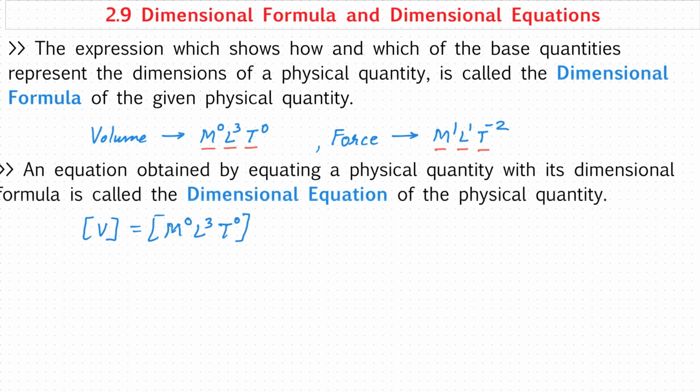The same way, the dimensional equation of velocity can be represented by [v] = [M0 L1 T minus 1]. See, velocity is distance upon time. So for distance it is L1, and upon time, so T raised to minus 1 is written here.